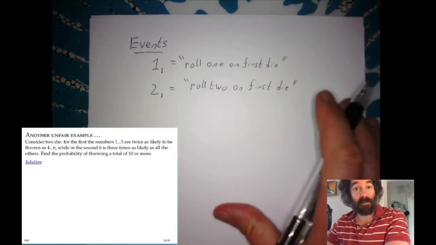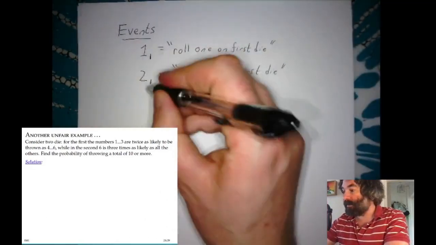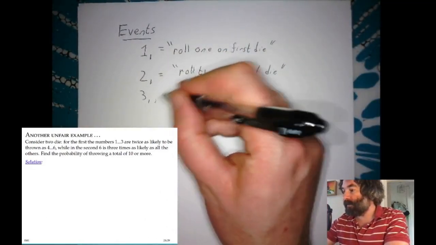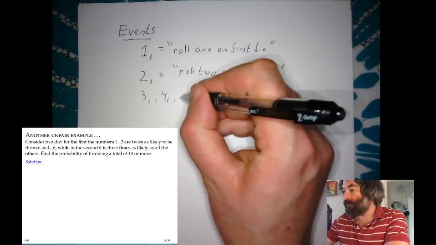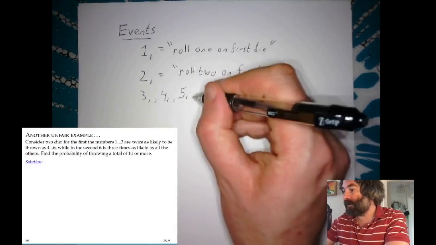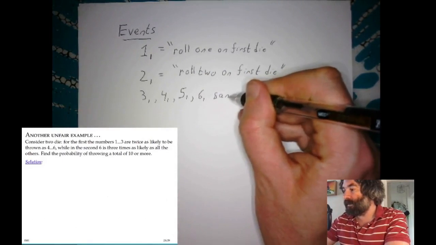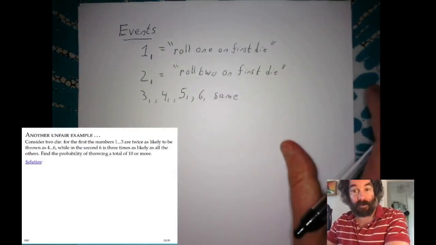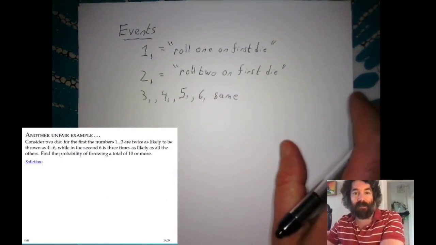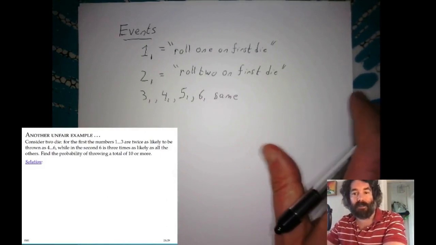And we'll just continue that notation naturally. So 3-1, 4-1, 5-1, and 6-1 are the same. So these are events where we roll a particular number on the first die. And we want to figure out what is the probability of each of these events.